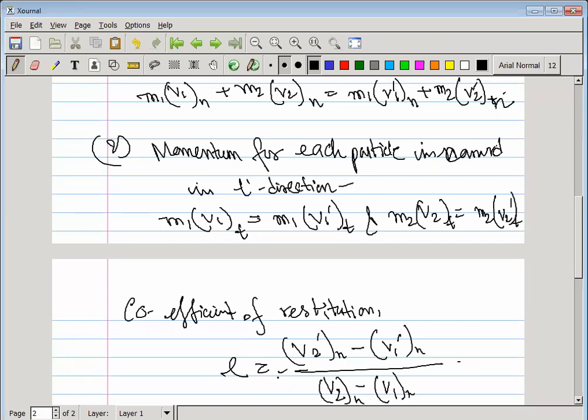This is the formula. If you solve this, you will get the coefficient of restitution for the case of oblique central impact: e is equal to v2 dash minus v1 dash along the normal direction, divided by v2 minus u1 along the normal direction, with a minus sign. So this is the coefficient of restitution. Is it clear?